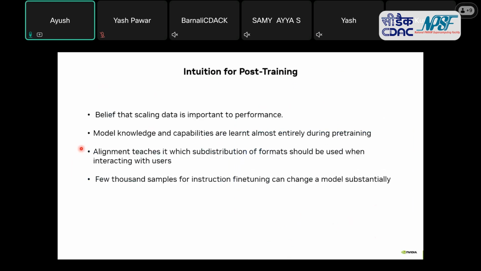The knowledge about the domains, about the data for which the model has been trained, has been learned almost entirely during pre-training. What alignment teaches it, so basically you think from the mathematical perspective now, that the objective of learning the model parameters is to learn the input data distribution.